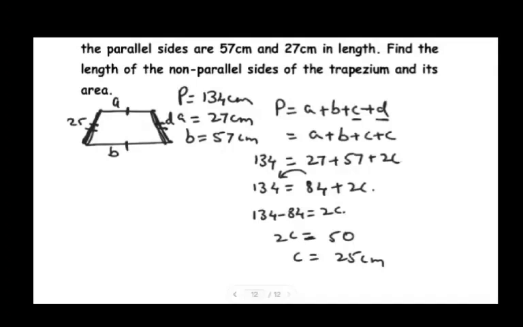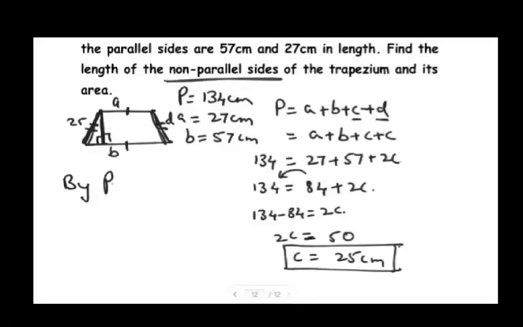Now we have both the parallel side values and the non-parallel side values. Now we have to find the area. For the area, I need my perpendicular height. How do I get that? Obviously by Pythagoras theorem.